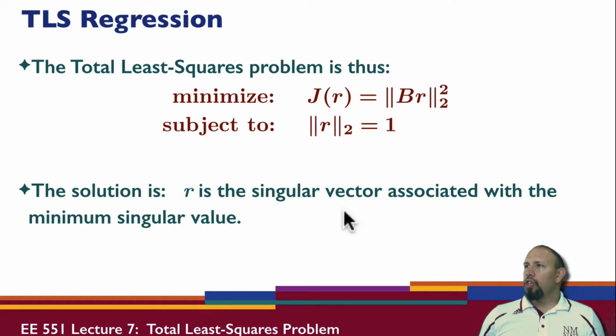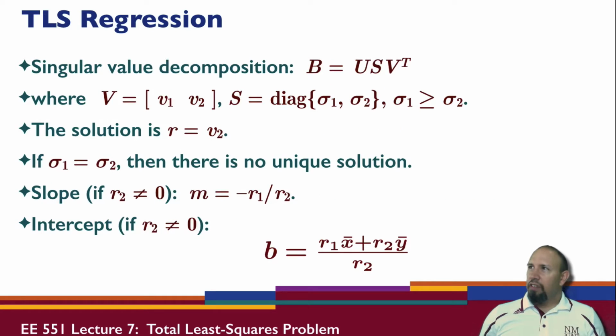And so you can go through and show that the solution to this minimization problem is the singular vector associated with the minimum singular value of B. Okay, so if we take the singular value decomposition of B, and the V here is the right singular vectors, we're going to take vector 2 as r.